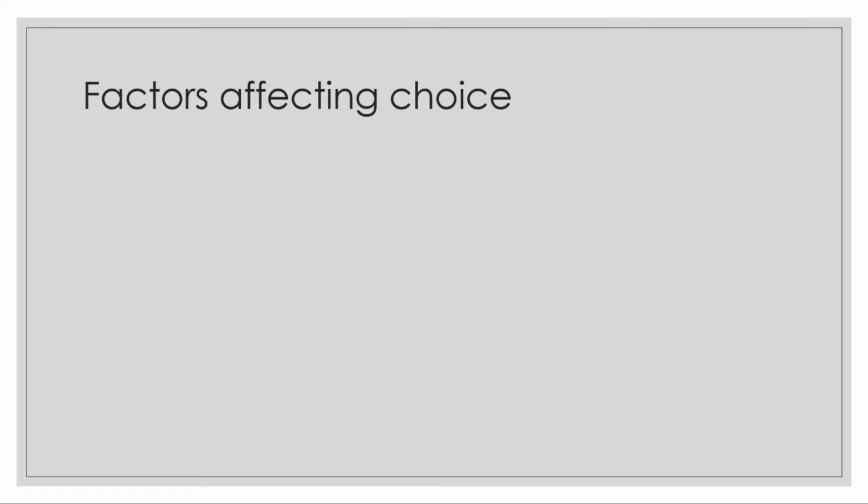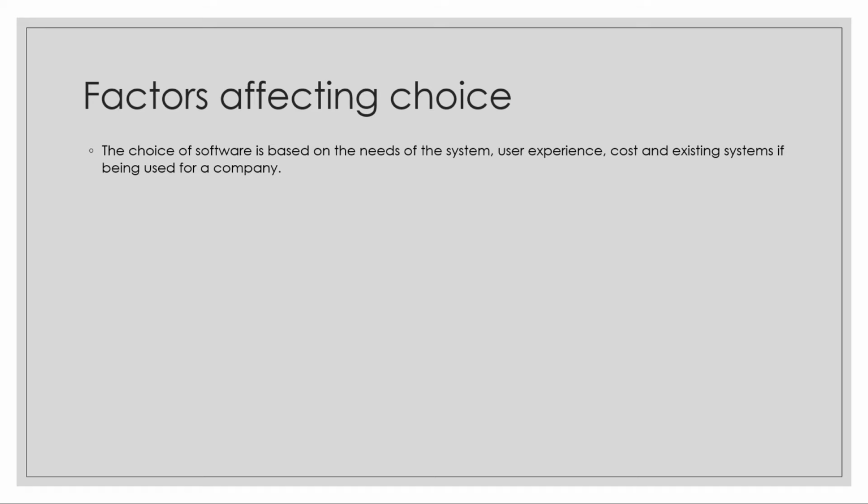So again, like most things, you have to talk about factors that affect the choice. It could be stuff like user experience, cost. If some things already exist in a company, they may not want to change it because they're used to it. It depends on if they think it's going to increase productivity, or be cheaper in the long run.